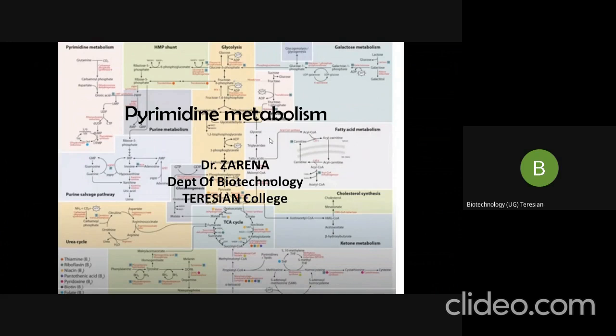So both your purine and pyrimidine, as said earlier, are part of your nucleic acid. So first we shall look into the pyrimidine metabolism, that is how they are synthesized, and also the breakdown pathway.